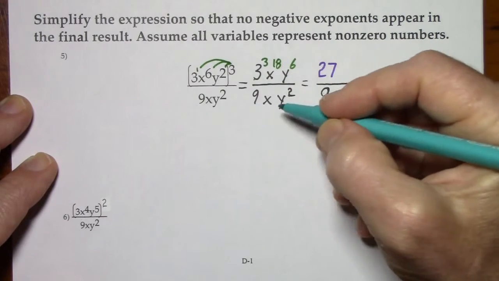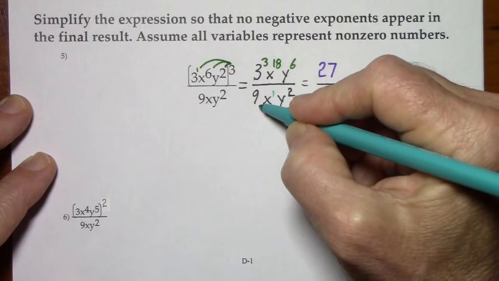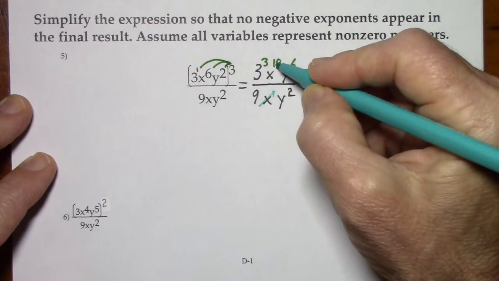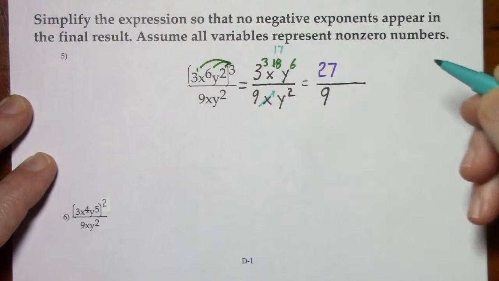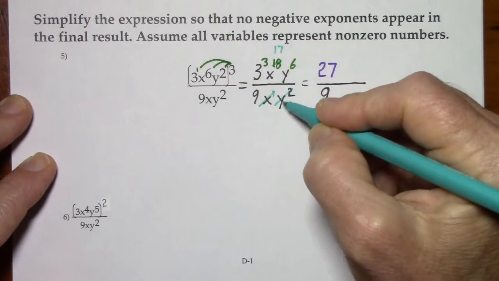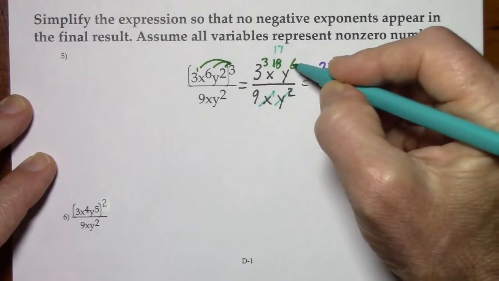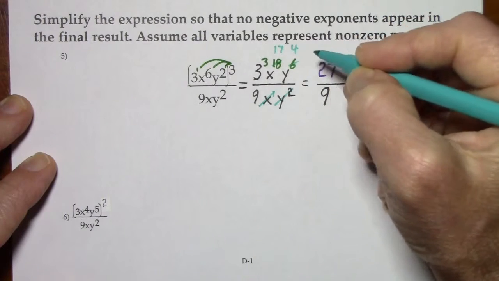But with the x's, we can use the quotient rule. This is x to the 1st. So cancel that out. Subtract 1 from 18. You're left with 17. Cancel both of these y's out. Subtract 2 from 6. And you're left with 4.